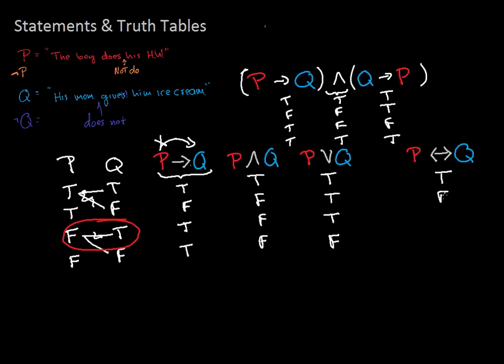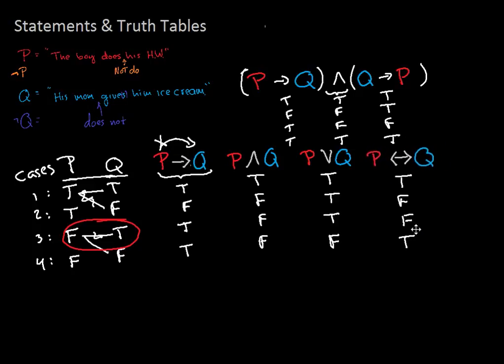True, false, false, true. And that's based off of these cases. This is case 1, 2, 3, 4. This is how it evaluates out. So that's how you use a truth table.